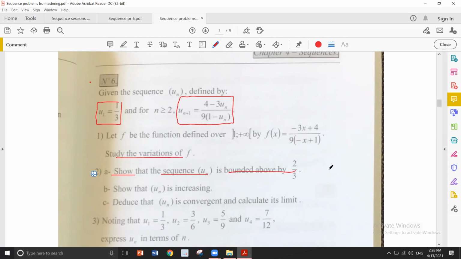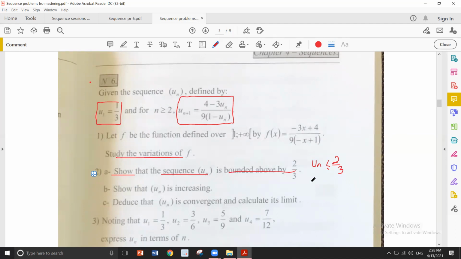We are going to prove that un is less than or equal to 2 over 3 for every n. If un is less than 2 over 3, we say 2 over 3 is an upper bound.